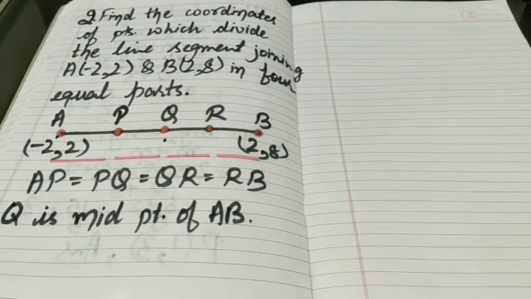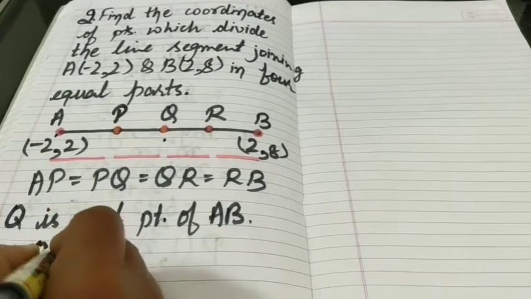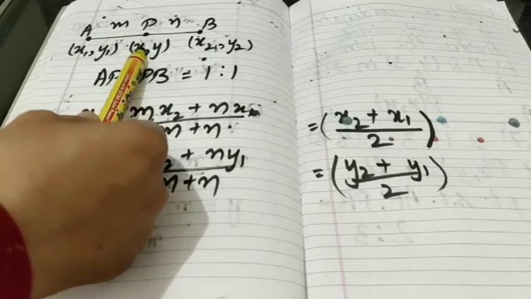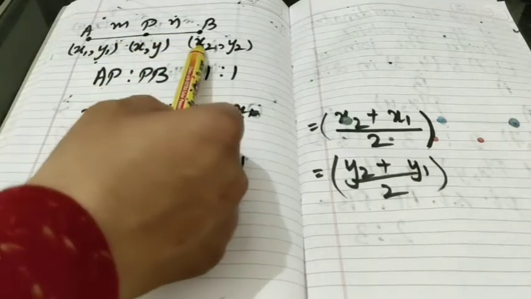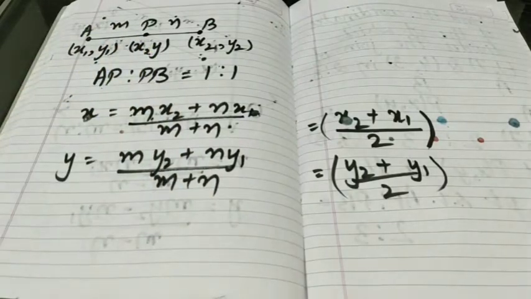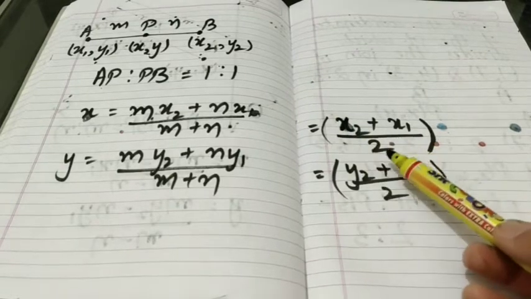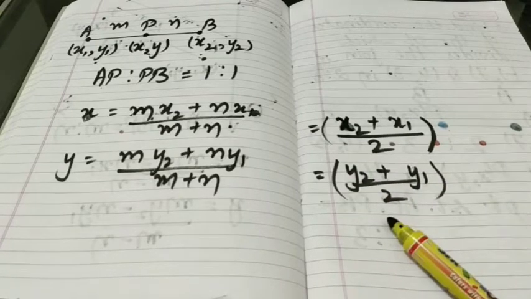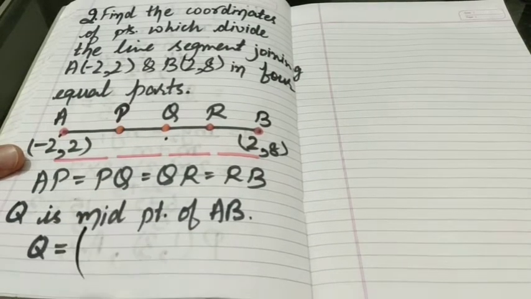And if Q is the midpoint of line segment AB, then the coordinates of point Q are given by the midpoint formula, which states that if P is the midpoint of line segment AB, where the coordinates of point A are x1, y1 and that of point B are x2, y2 and the coordinates of point P are x, y, then the x coordinate of point P is given by x2 plus x1 upon 2 and the y coordinate is given by y2 plus y1 whole divided by 2.